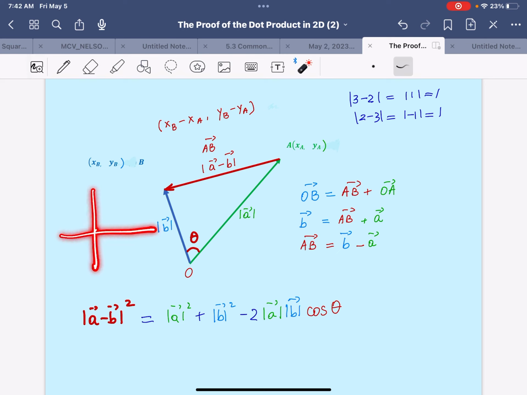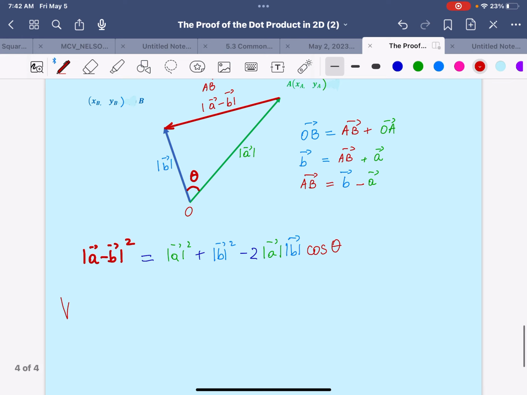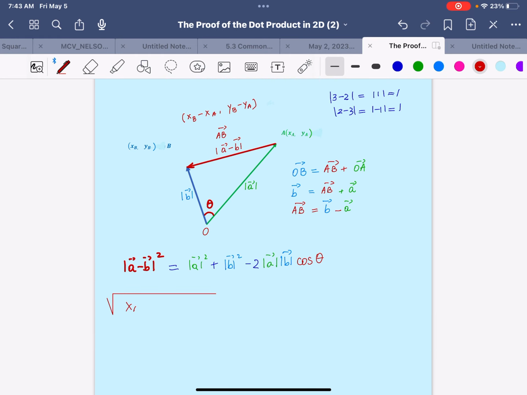For example, remember, if you have a vector on the Cartesian plane and you want to find the length of it, that would be equal to x squared plus y squared, and then square root it for this length. So we're going to say that the magnitude of A minus B would equal the square root of (xB minus xA) squared plus (yB minus yA) squared.